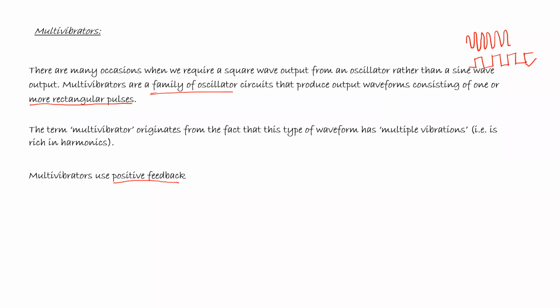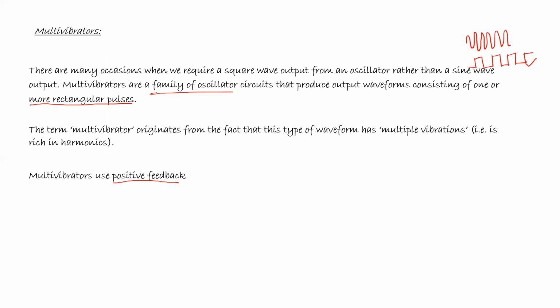Now, depending on what types of these vibrations they produce, that means depending on the stable states, we come across something called stable states. How many states are there if you take this type of signal?